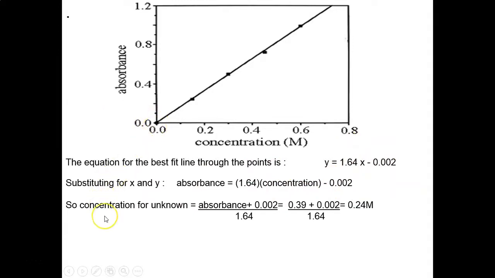So to get the concentration of the unknown, you're going to rearrange this formula right here to solve for that concentration. So concentration, which is this part, is going to equal to, you take 1.64 and divide it out, and you add 0.02. That's what I did here. So this is the actual formula you're going to use to figure out this concentration. When you plug in your number, so 0.39 was the absorbance.